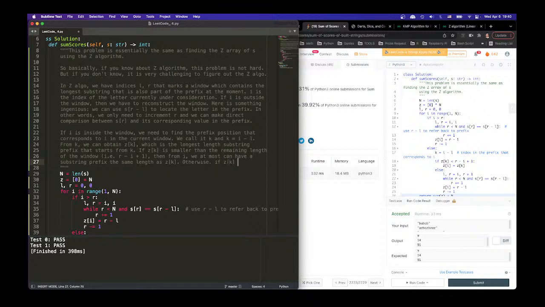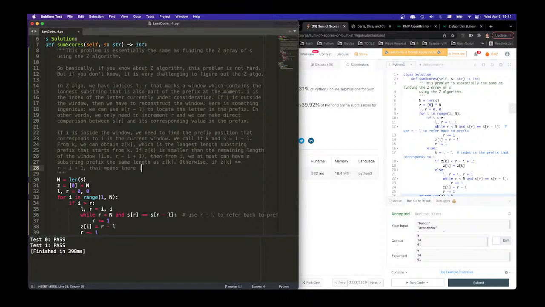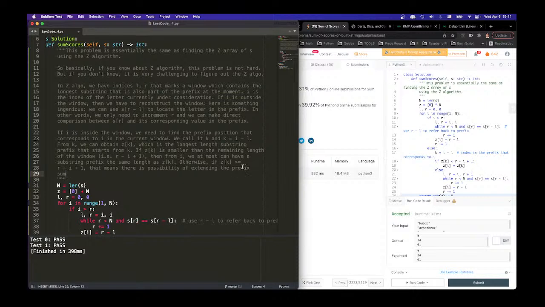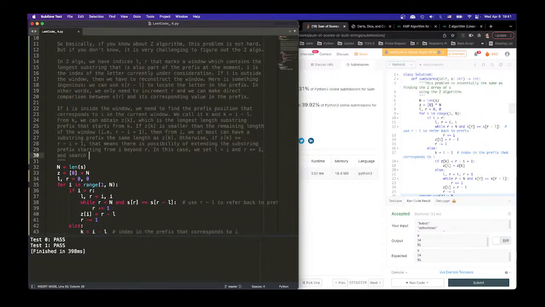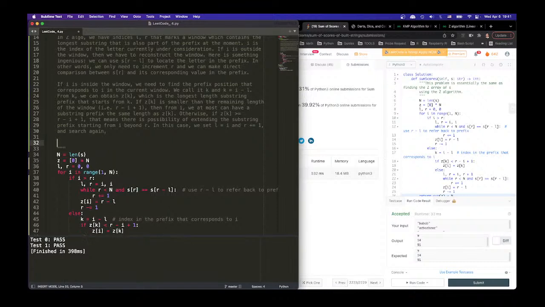Otherwise, if Zk is larger or equal to R minus I plus 1, that means there is a possibility of extending the substring prefix starting from I beyond R. In this case, we set L equals I and R plus equal 1, and search again.